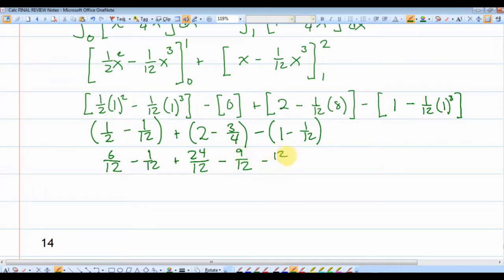All right, did I get that all right? 6 minus 1 is 5. 5 plus 24 is 29. 29 minus 9 is 20. 20 minus 12 is 8. 8 plus 1 is 9. 9/12.